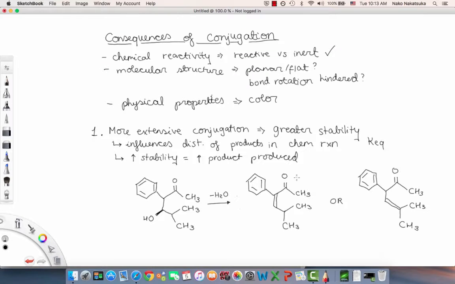If you look at this molecule right here, it has 2, 4, 6, 8, 10 conjugated p orbitals, because there's 2 p orbitals overlapping here, here, and here.